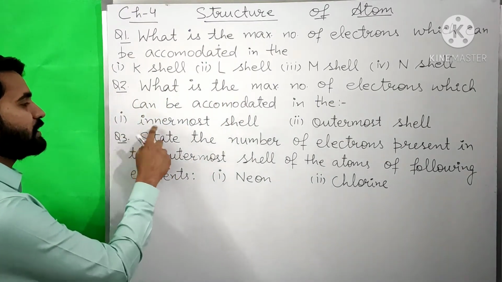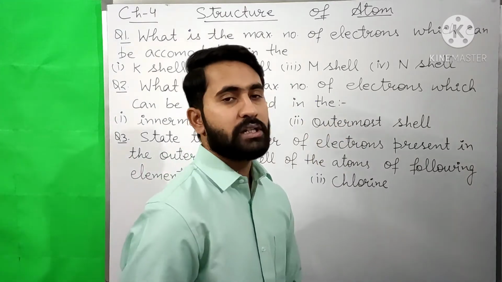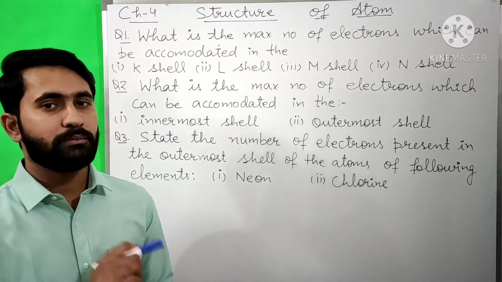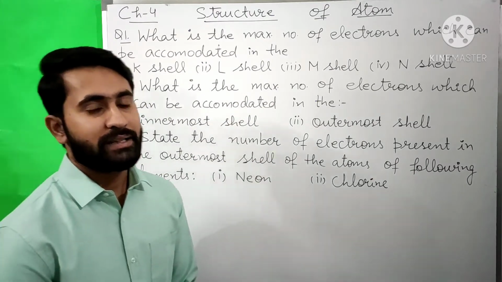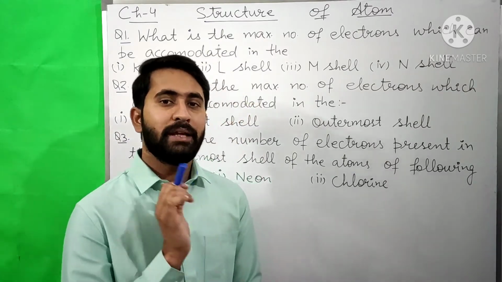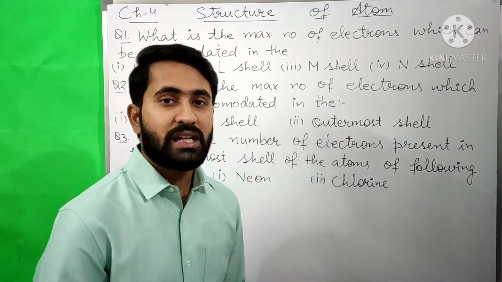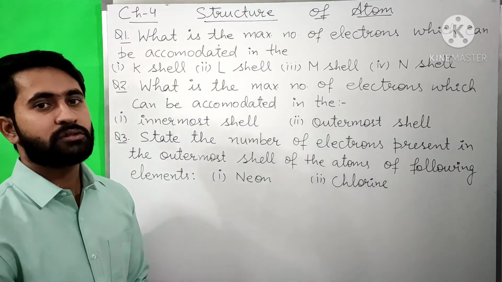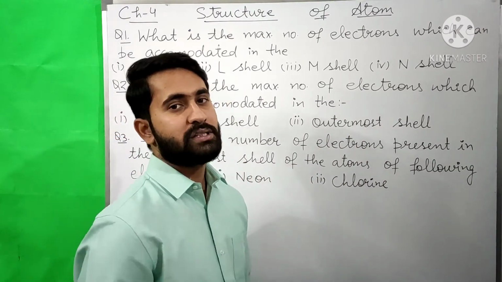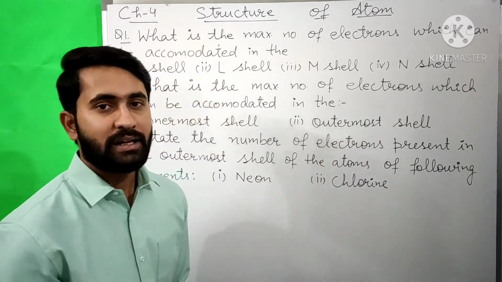So the first answer is 2. And the outermost shell. So in the outermost shell, we have read that a maximum of 8 electrons can be accommodated. But if that outermost shell will be K shell only, so only 2 electrons can be accommodated. So here we will write the answer 8.